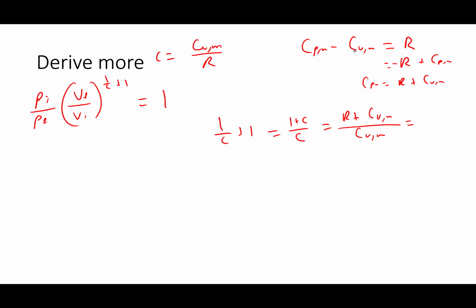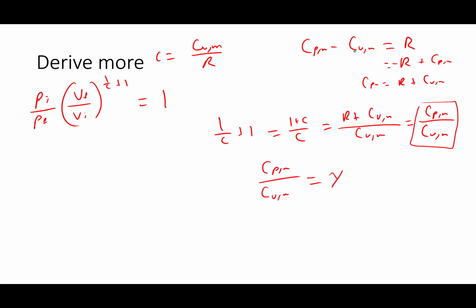The top is going to be CP, the molar heat capacity at constant pressure. The bottom is still going to be the molar heat capacity at constant volume. So this entire exponent up here is going to be a much simpler version, basically CP over CV. We call CP molar over CV molar in this case, and we're going to give that the letter gamma.